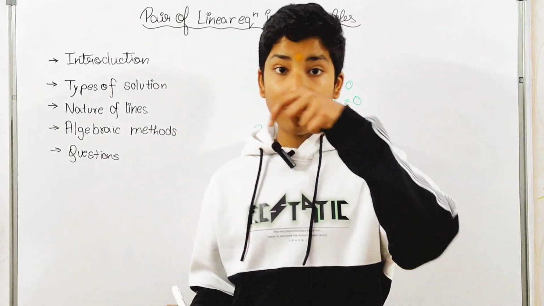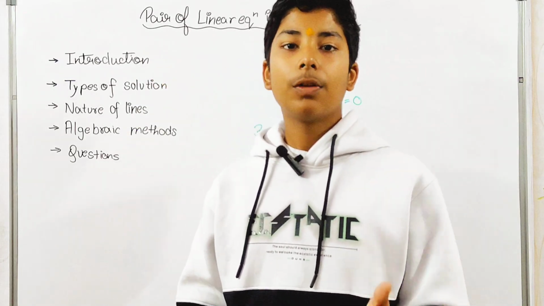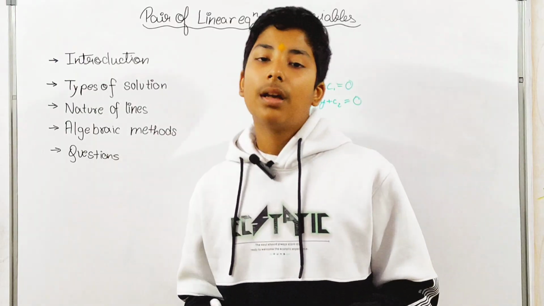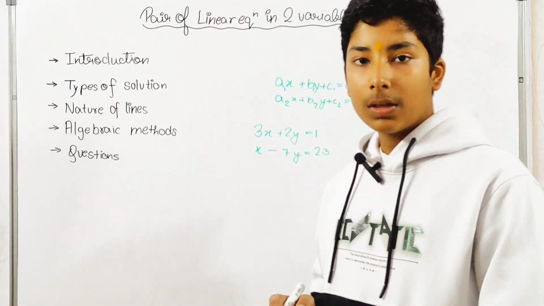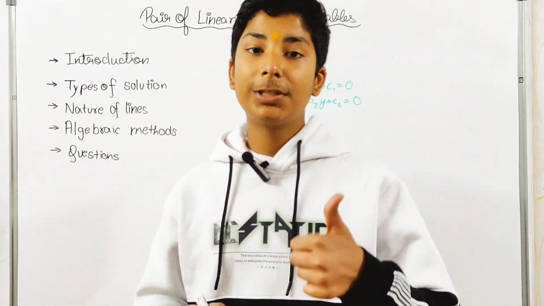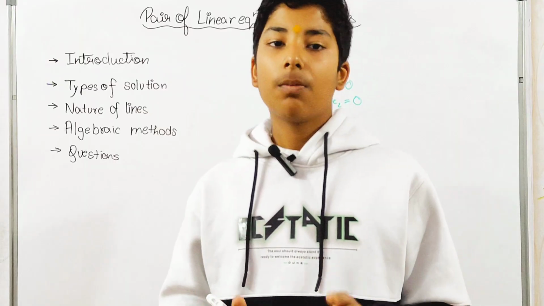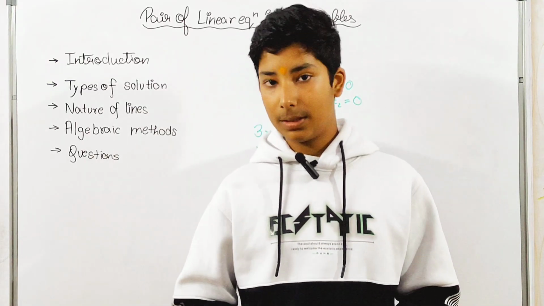And there is one more method. There are totally four methods, from which one is deleted from NCERT, and the second one, as I have told, will take a lot of your time. So the methods are substitution, elimination, cross multiplication. But the method which was not getting used is known as graphical method.